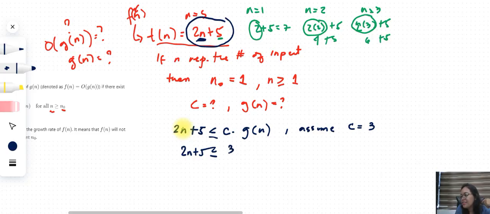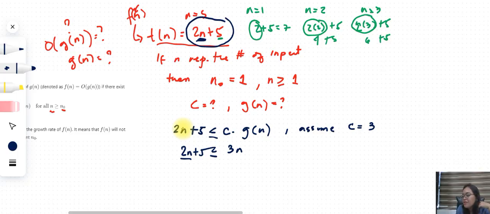And of course, our g of n. So again, the goal here is to find a function that is slightly above your 2n plus 5. And since we know that the constant doesn't do anything, we're just going to be focusing on slightly above 2n. So what is slightly above 2n here? That would be 3n. Right? Common sense, kumbaga.